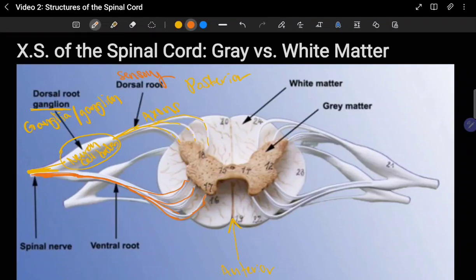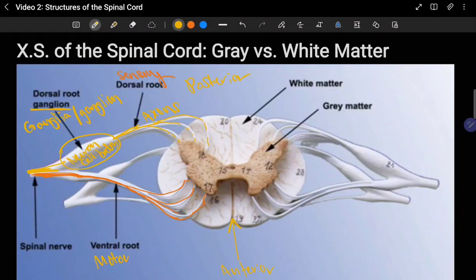This is sensory information taken from receptors through the spinal cord back to the brain. Anteriorly, with our ventral roots, we're dealing with motor information. So this is going to be direction sent from our brain through the spinal cord to the target organs, which are often our skeletal muscles.